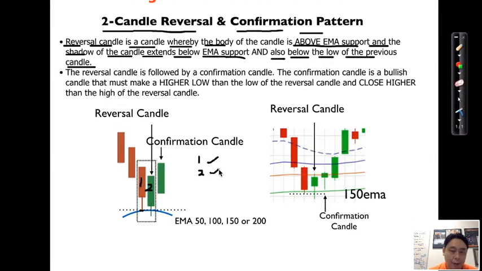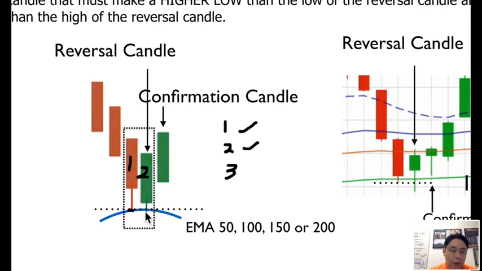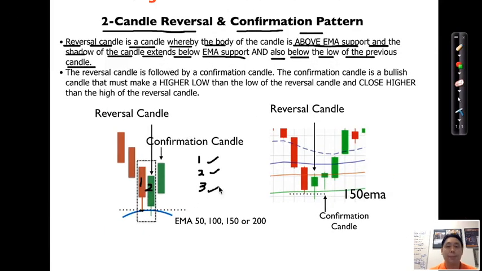Check. Number 3, the lower shadow of the reversal candle must cut the low of the previous candle, which is represented by this dotted line. Check. So if you have these 3 criteria checked off, that is a valid 2-candle reversal pattern.